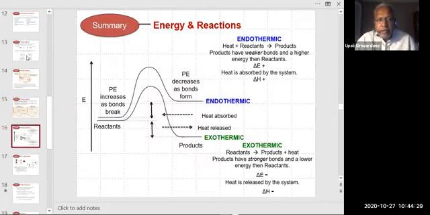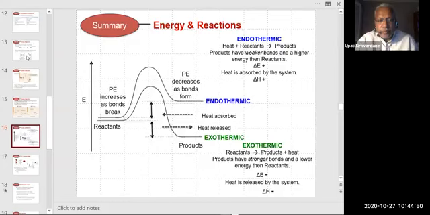When a reaction has high activation energy, that's difficult to take place. So this slide summarizes exothermic and endothermic reactions. Reactants have the same energy. Potential energy increases as the bond breaks, going into the transition state.